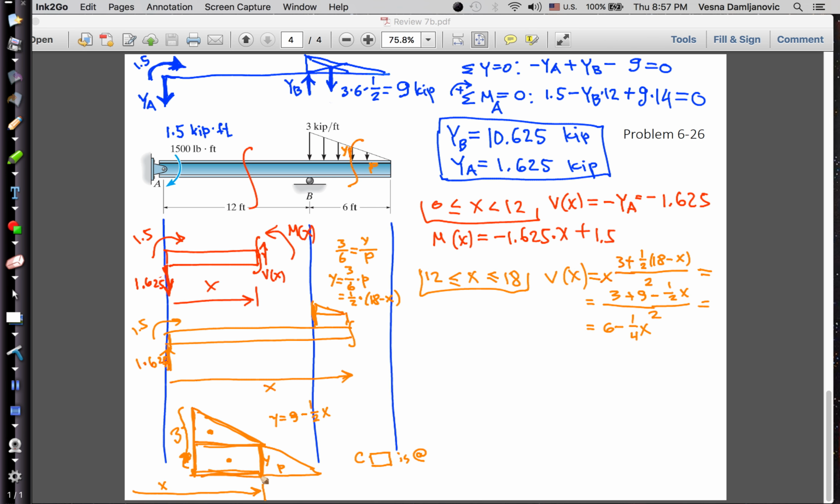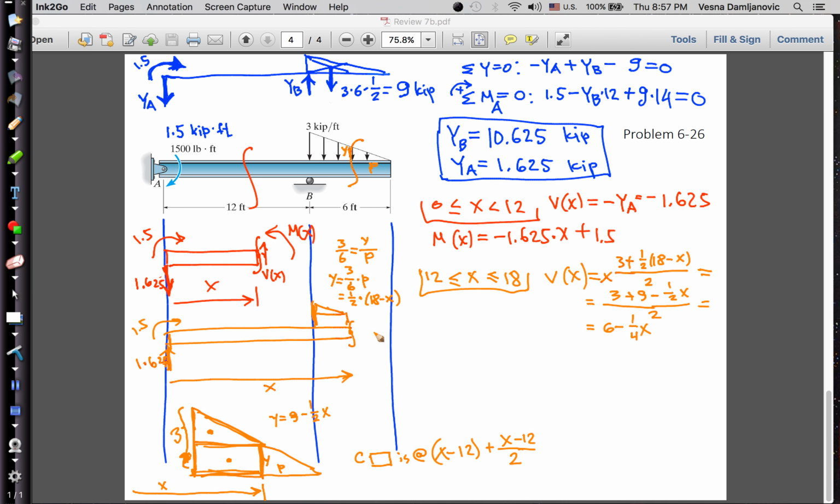That's the amount of this, right? And then half that. So it will be X minus 12 and then plus X minus 12 half. That will be the distance from here.